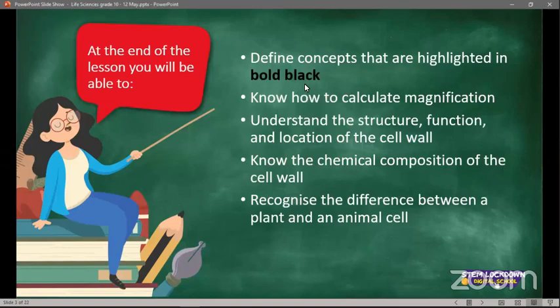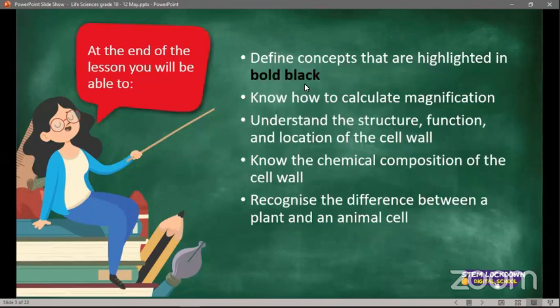So at the end of this lesson, what I will be expecting from you guys is to be able to define concepts that are highlighted in bold black, to know how to calculate magnification. That is for your practical, guys. So when you get back to school, you'll be given practical worksheets or you'll do practicals. So you'll be asked to calculate the magnifications.